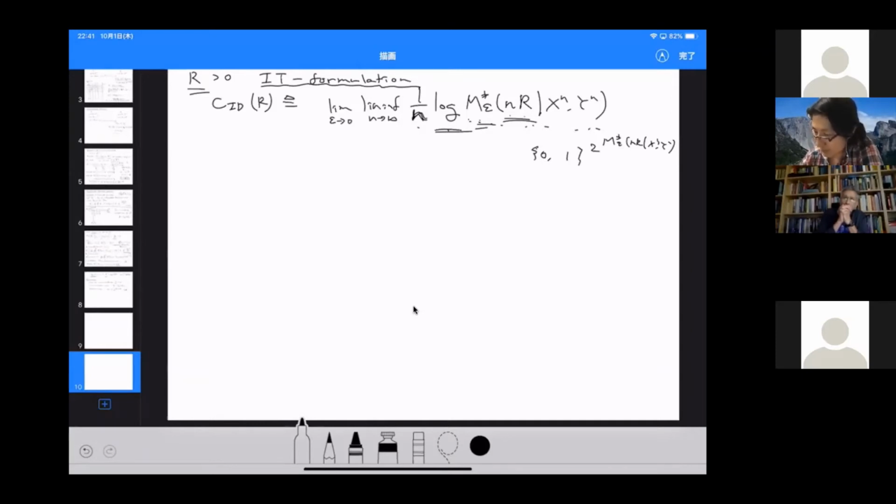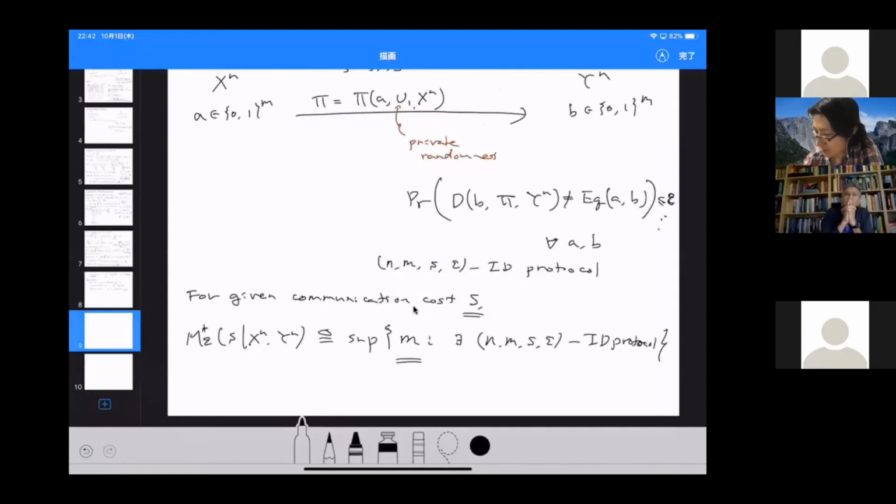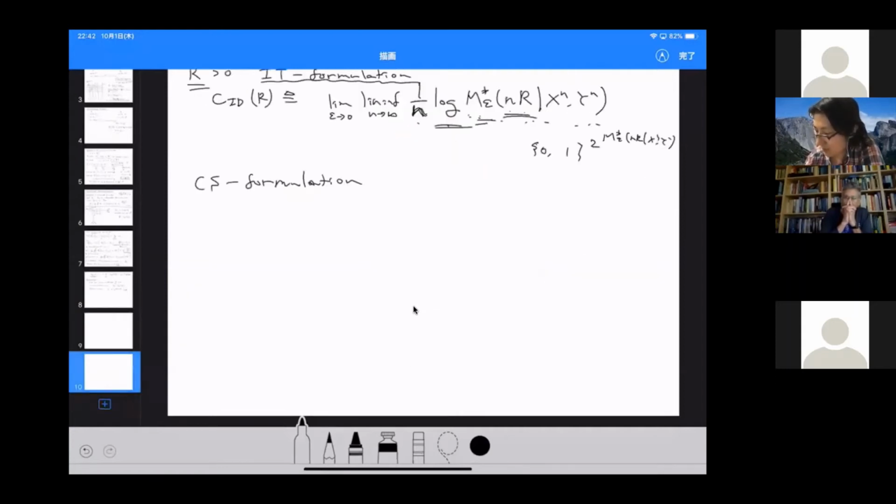And a similar problem has been studied in computer science as well. So in computer science, they usually consider the case where the observation length is infinite. Here, observation length means the length of Xn and Yn. So they usually assume that the lengths of Xn and Yn are infinite.